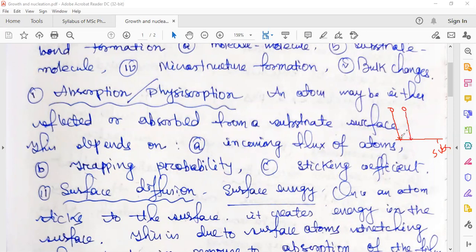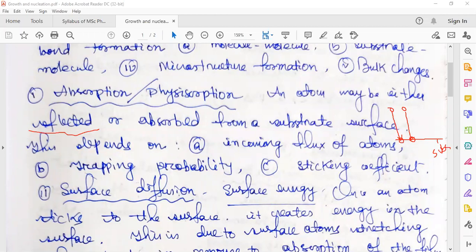They are incident on the substrate, but these atoms may get reflected also. Reflected means instead of getting absorbed by the surface, they hit the surface of the substrate and then move away.